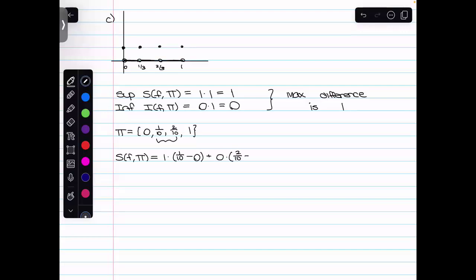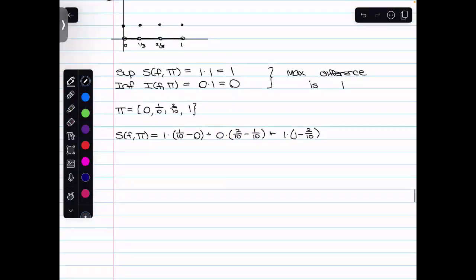And the length is this. And for the last one, the supremum for the rest of it is 1, and the length is 1 minus 2/10. So because this part is 0, it's going to make everything a bit smaller than 1, because you're going to get 1/10 plus 0, and then plus 8/10. And so we get 9/10.